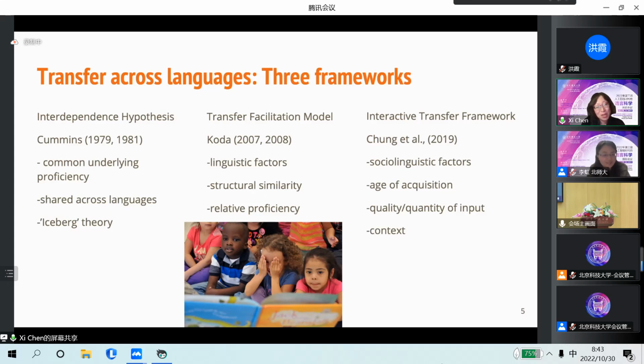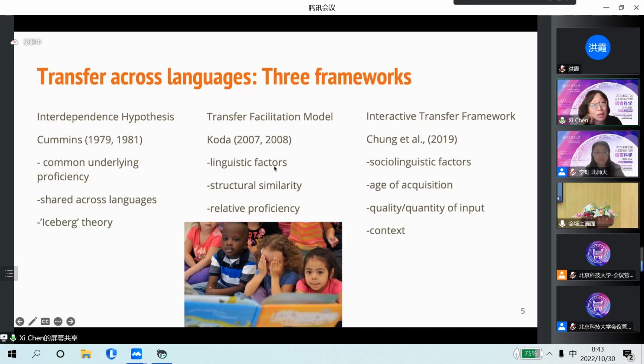According to him, first language and second language look different and sound different, but they have common underlying proficiency. He used the example of icebergs. You have two icebergs floating on the ocean. They look separate, but underneath they're actually connected. That's the iceberg theory.